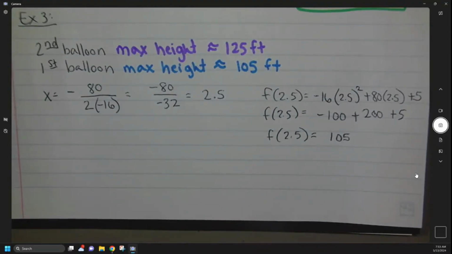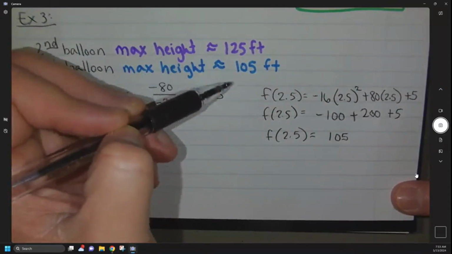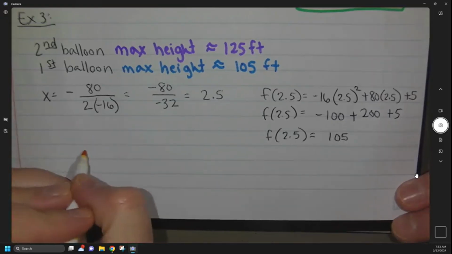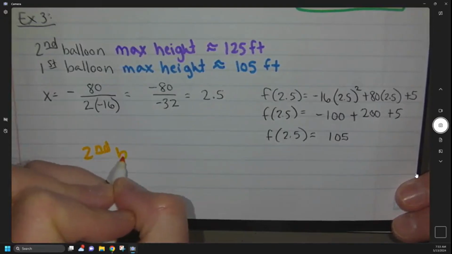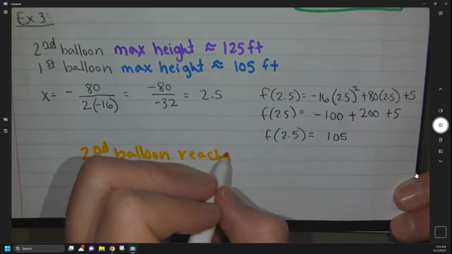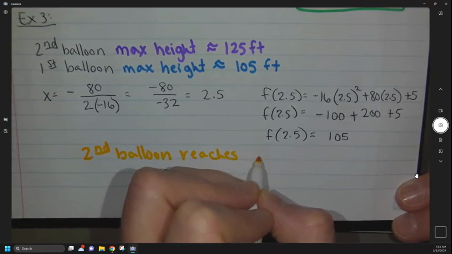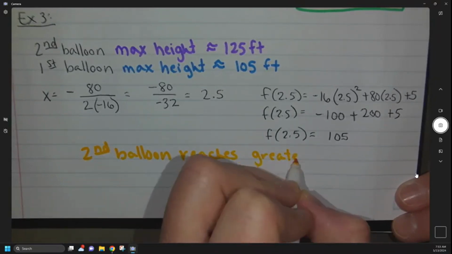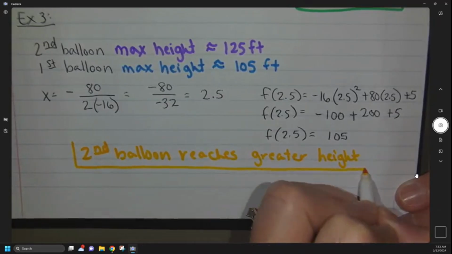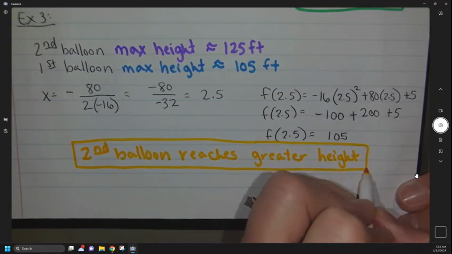So what they're asking us is which water balloon reaches a greater height. So based on what we know right here, that would mean that the second water balloon reaches a greater height.